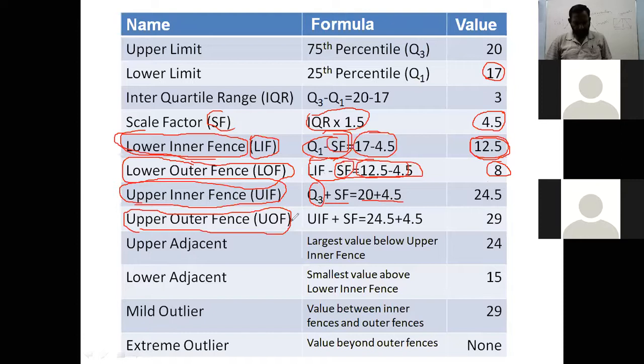Then we calculate the value for the upper outer fence. Upper outer fence will be upper inner fence plus scale factor. So that is 24.5 plus 4.5. So those are the upper inner fence and the upper outer fence values.